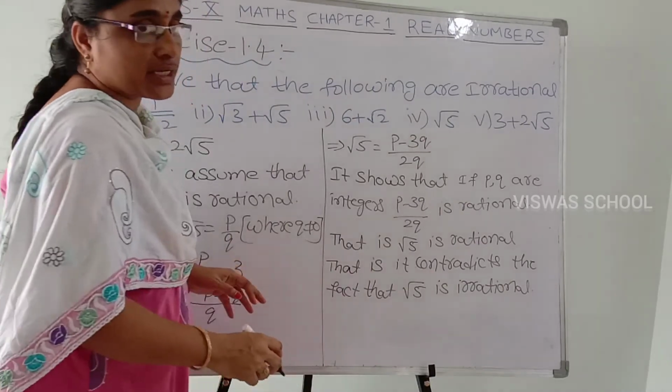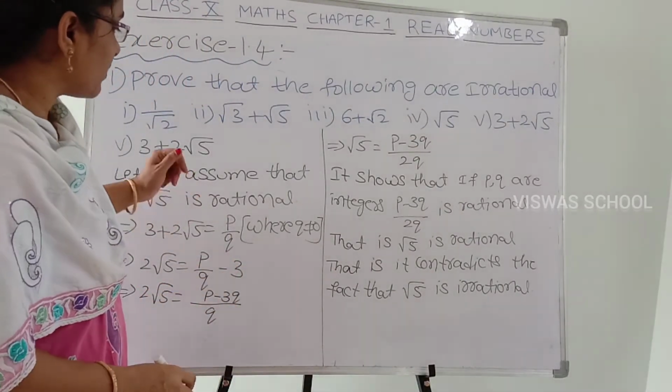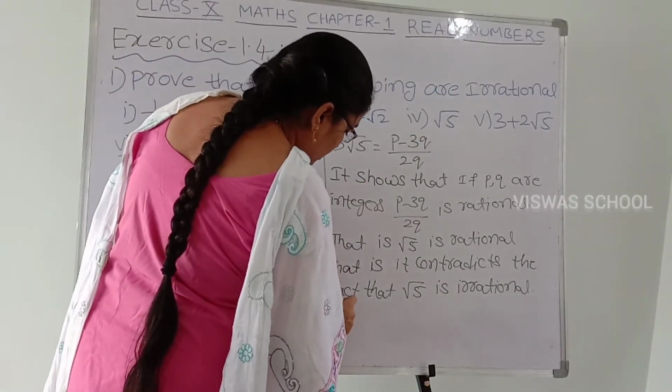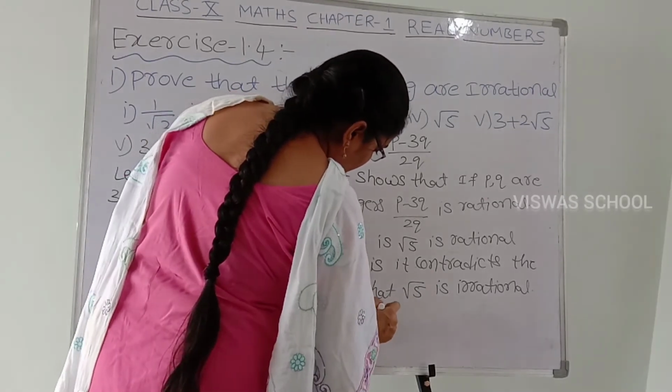This contradiction arises because of our assumption. Our assumption is wrong. Therefore, our assumption is wrong.